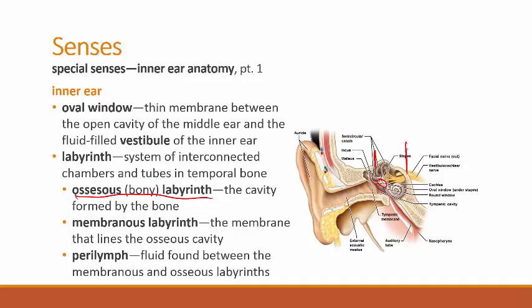So we have a bony labyrinth, and then we have this membranous labyrinth, and there is a fluid that's found between the membranous labyrinth and the bone called perilymph. So perilymph surrounds the membranous labyrinth, and it's kind of a buffer between the membranous labyrinth and the osseous or bony labyrinth.